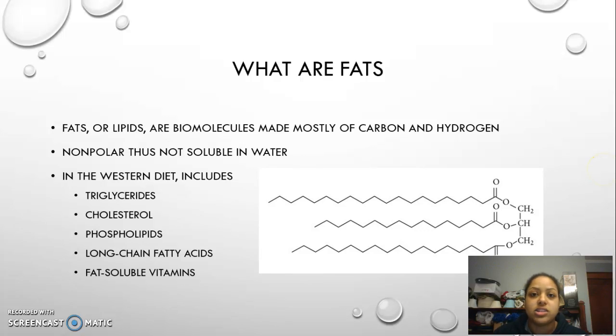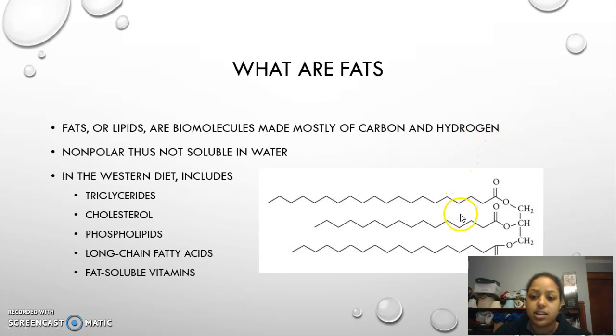In the Western diet, fats are predominantly found in the form of triglycerides, cholesterol, phospholipids, long-chain fatty acids, and fat-soluble vitamins. In this video, we will predominantly be looking at triglycerides, as they are the primary form of lipids found in plants and animals.